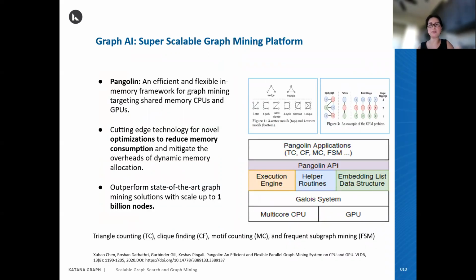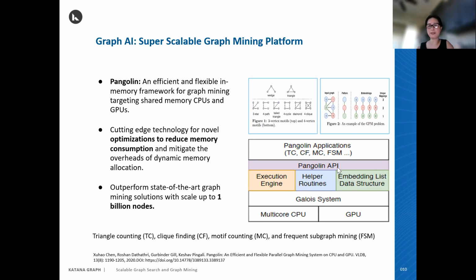We have a super scalable graph mining platform called Pangolin. Pangolin is built on the Galois system, providing multiple GPU, CPUs, and GPU clusters. It has an API based on the execution engine, helper routines, and embedding list data structure.